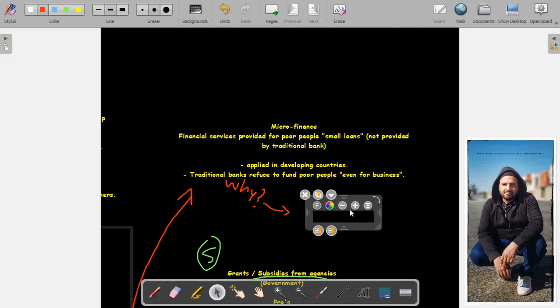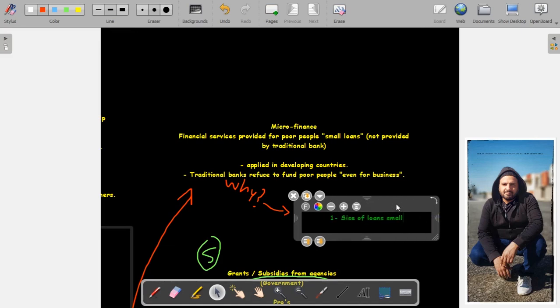First reason is that the size of loans is small and not profitable for banks. This is the first reason why traditional banks do not provide microfinance.